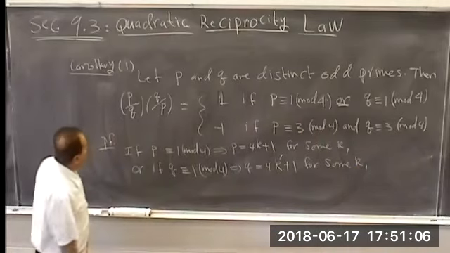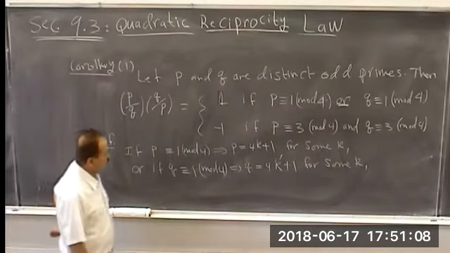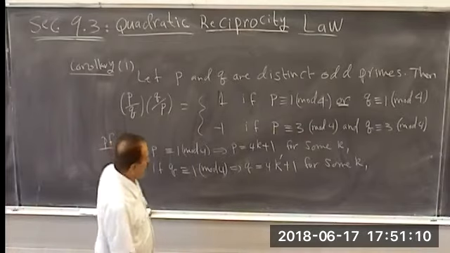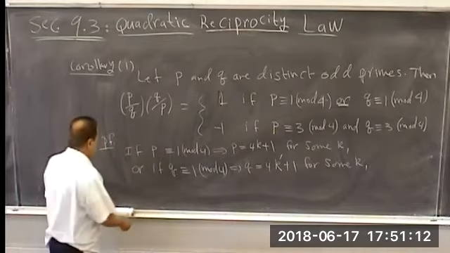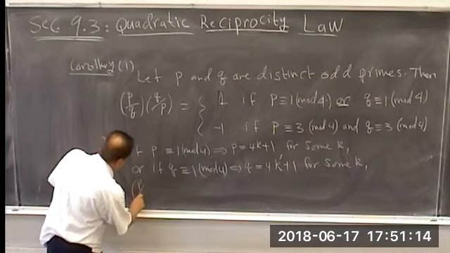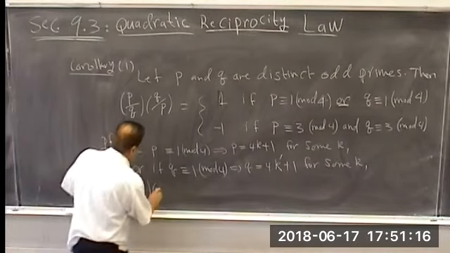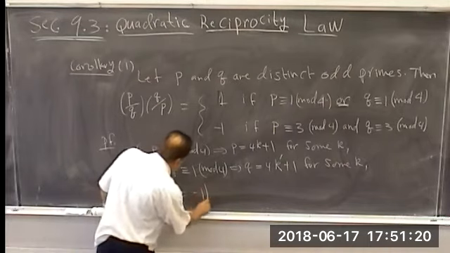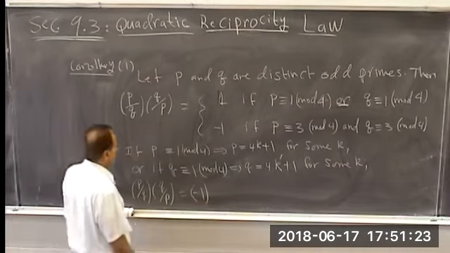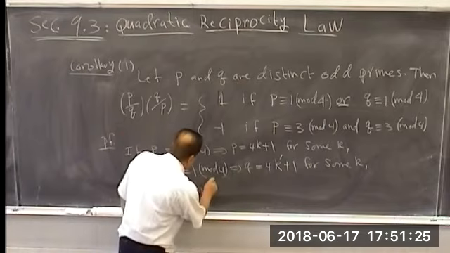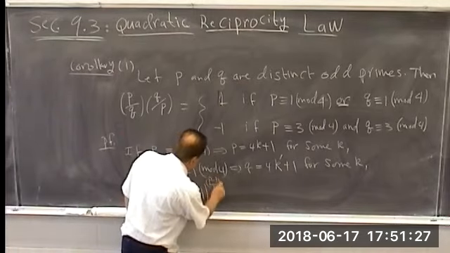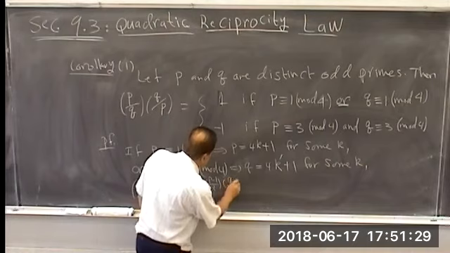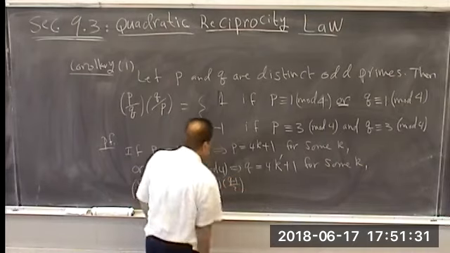Now let's look at what quadratic reciprocity says: P over Q times Q over P is minus 1 to the (P minus 1)/2 times (Q minus 1)/2.